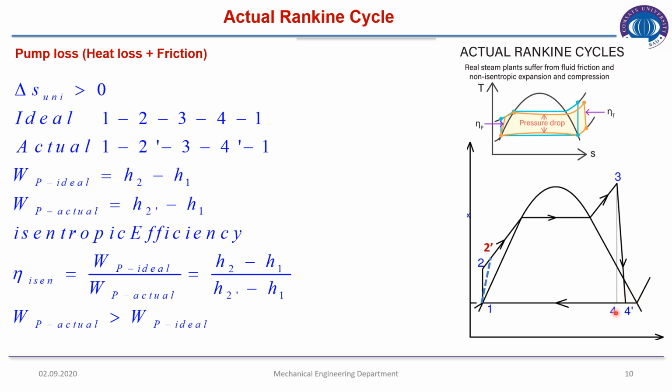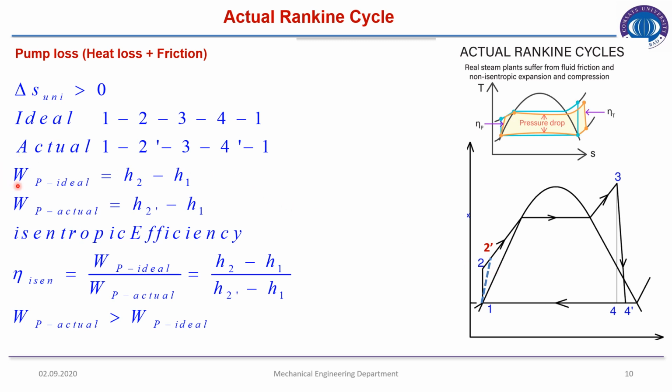In the previous slide we have already discussed the 4 and 4 dash part when we were discussing the turbine loss. So in the current slide we have 2 and 2 dash to represent the ideal and actual process.